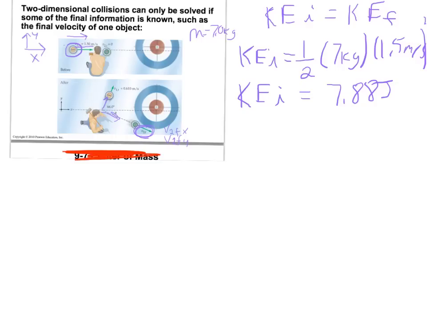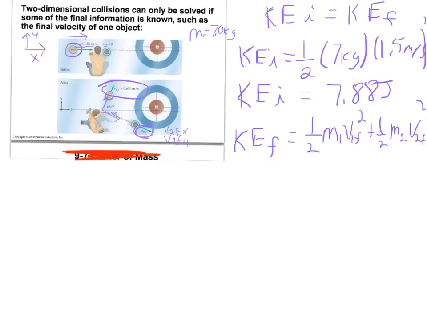So at the end of this problem, I see that stone 1 has a velocity of 0.61 meters per second. Let's see if we can use that to find the final velocity of stone 2. So KE final at the end is 1/2 the first stone times its final velocity squared plus 1/2 the second stone times its final velocity squared.